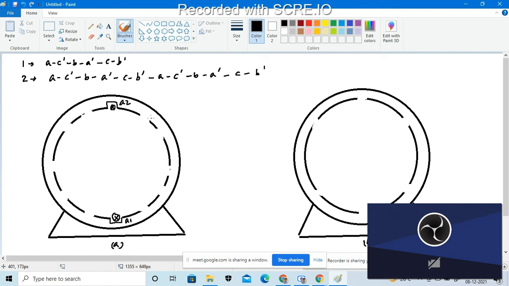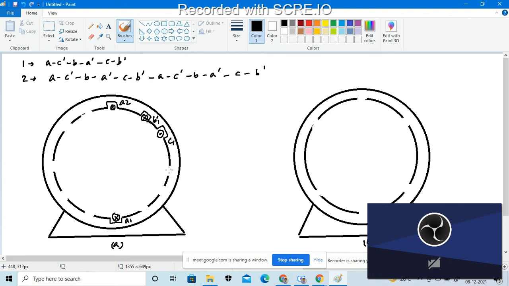Now again this will be a cross. So this will be considered as my B1 dash. Again this section is the dot. So this will be my C1.